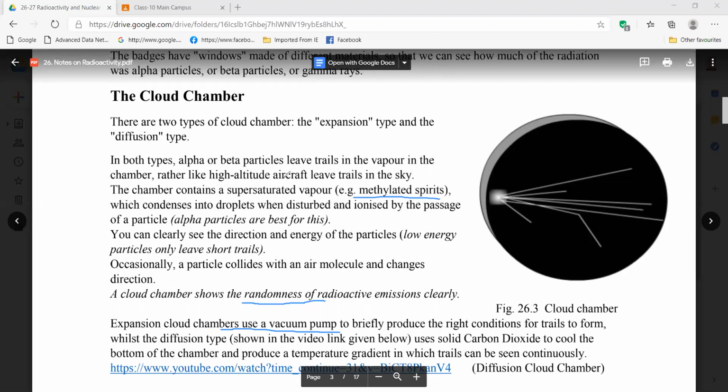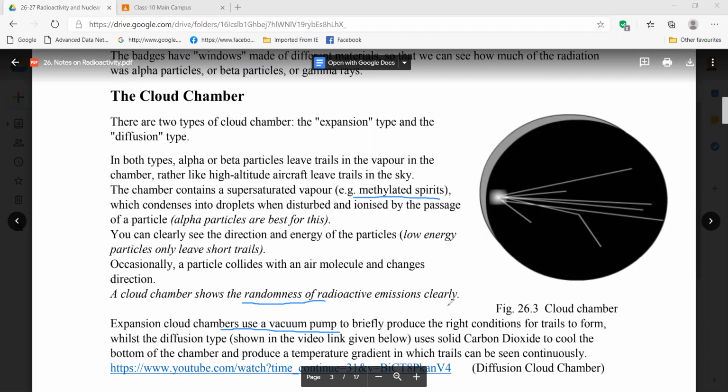So what is coming in our exams, it's not assessing you on so much of the information available here. We only have to remember that one of the detectors is the cloud chamber, and in the cloud chamber we are identifying the randomness of radioactive emissions clearly.